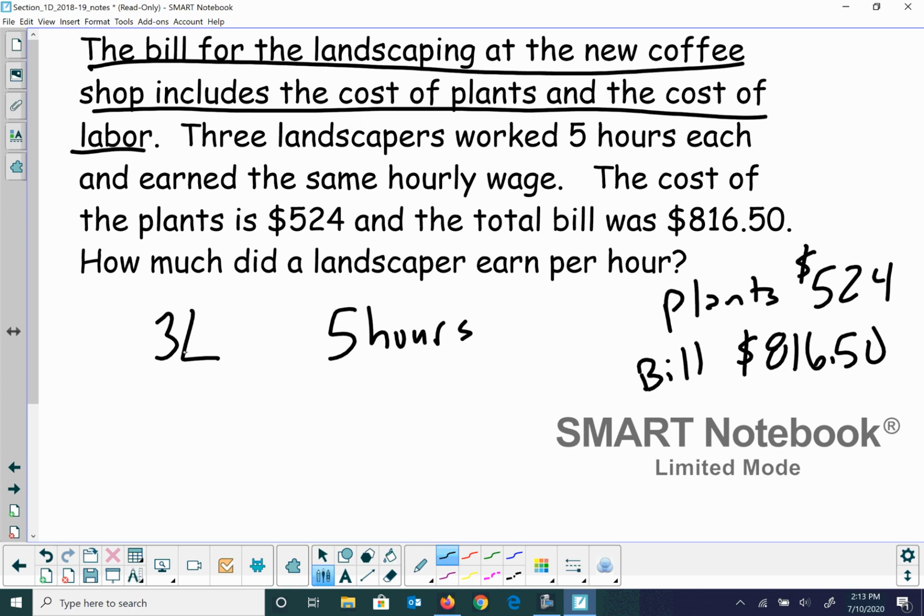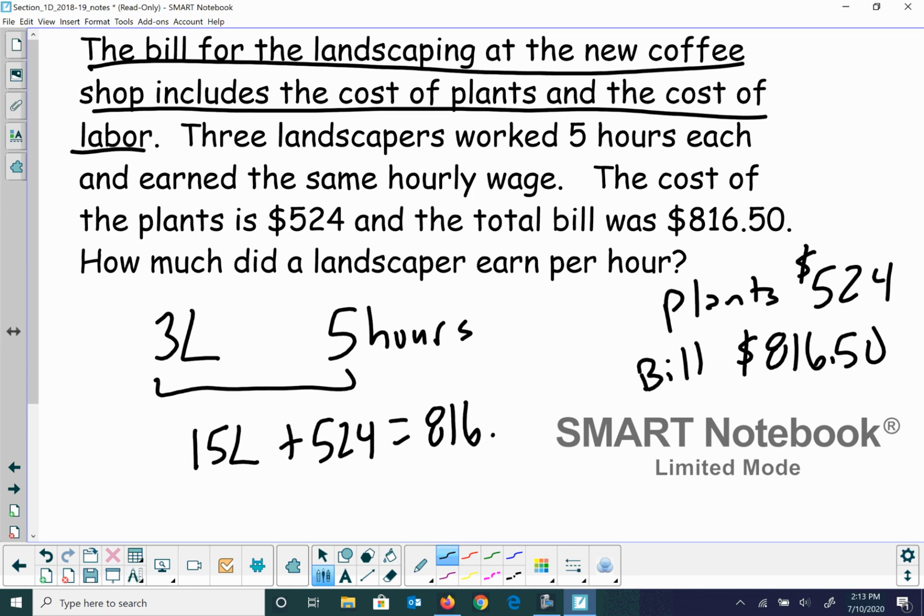L is the landscaper's wage. They all work 5 hours, so if I combine these together, that's going to give me 15L. And we know the plants cost $524, and that's equal to 816.50. So all we have to do now is solve for L.